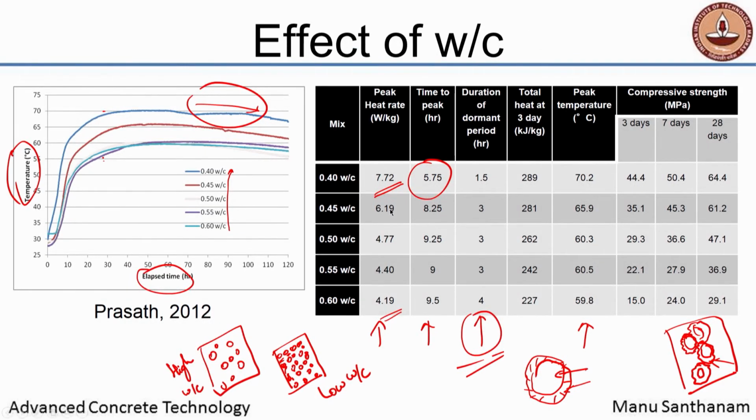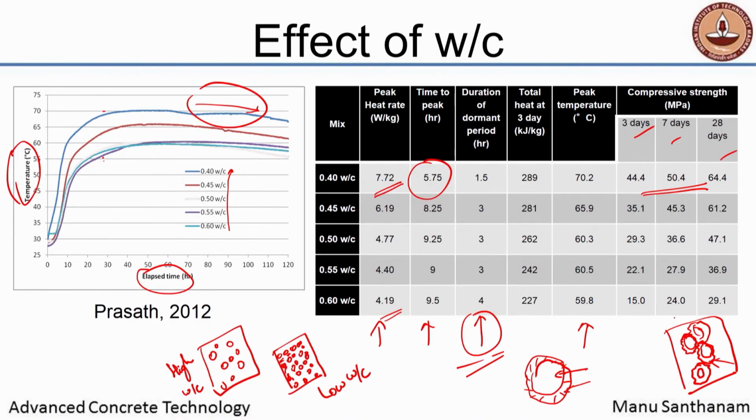Okay. So now interestingly here, what I have also plotted is the compressive strength development with time. In this table you can see the data for compressive strength development with time also. You have strength at 3 days, 7 days and 28 days, and as you can rightly estimate, when you have a higher water cement ratio, obviously your strength of the concrete will be lower, and that is exactly what you are seeing here. The rate at which the strength is attained also is significantly different for the low water cement ratio concrete and the high water cement ratio concrete.